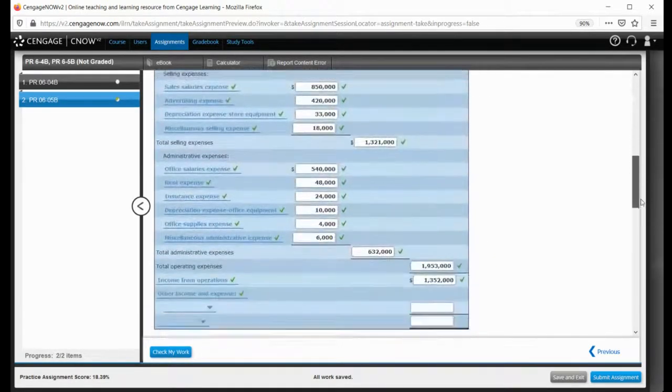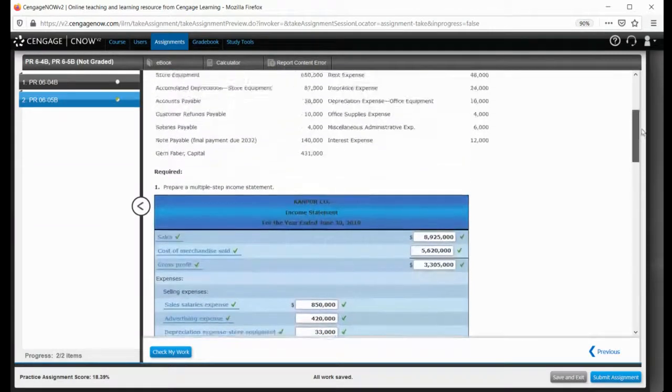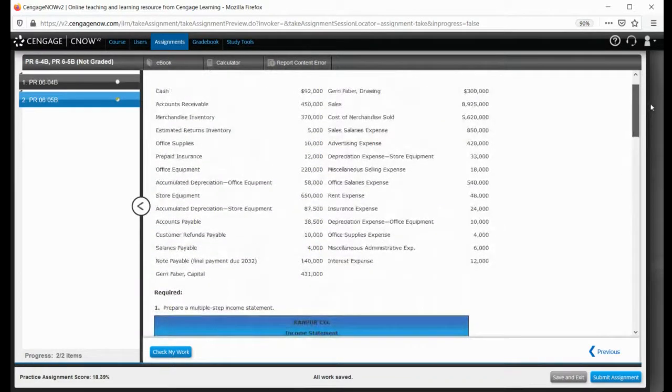So what we're looking for in these other income and expense items is an expense account that we have not previously recorded. And the only expense account that we haven't previously recorded is interest expense. Interest expense is not included with operating activities because it is considered to be a financing activity of the business.